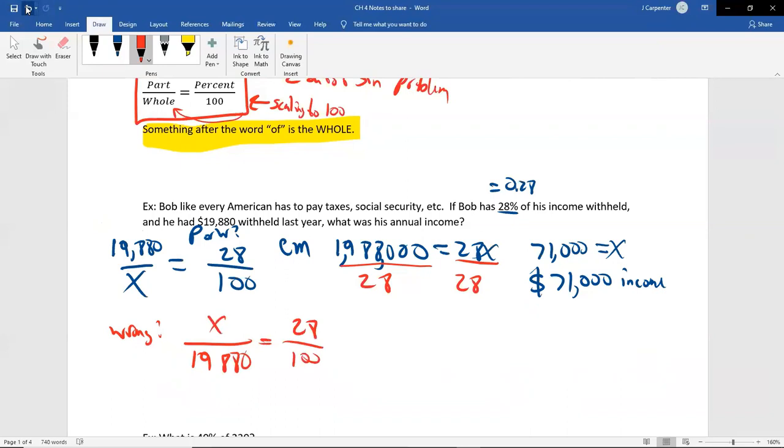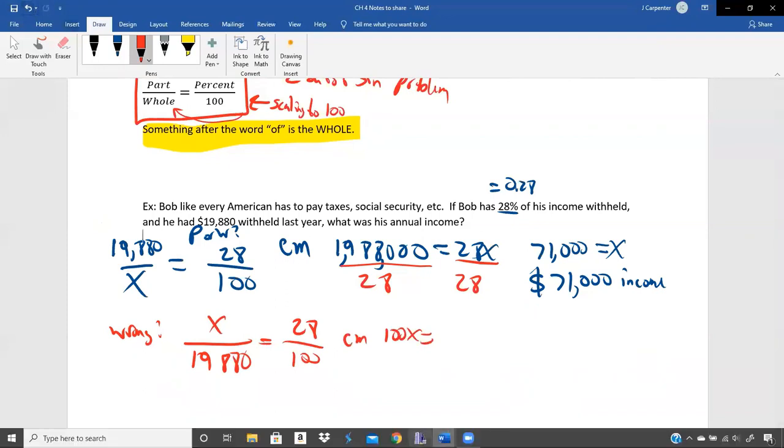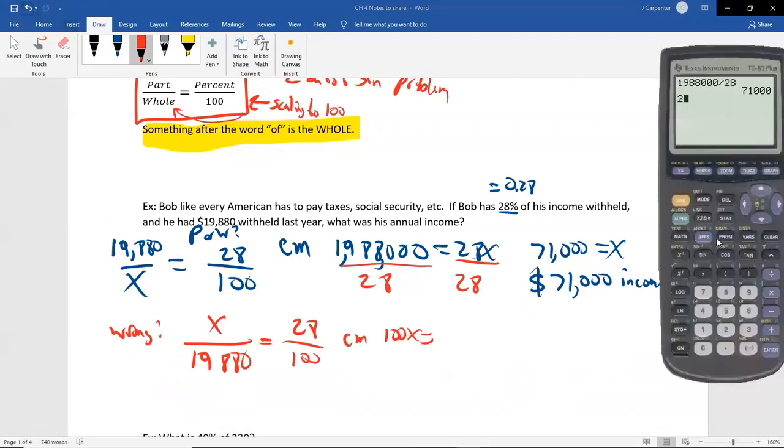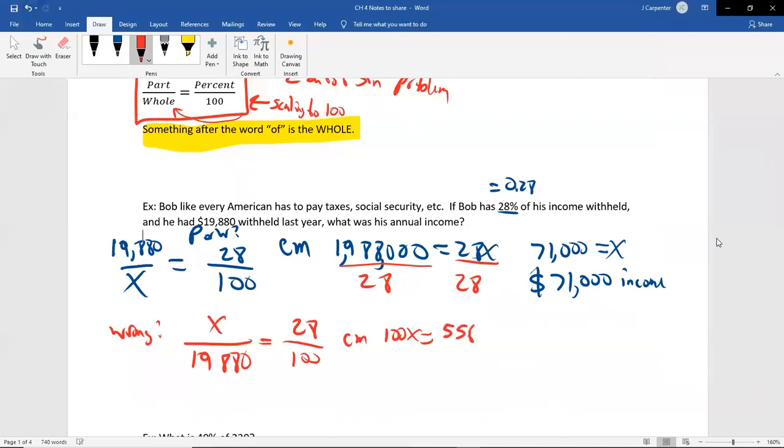When you cross multiply, you're going to get 100x is equal to the 28 times the 19,880. I'm going to go ahead and just write that. 28 times 19,880, 556,640. Then we'll divide both sides by 100. Again, this is wrong.